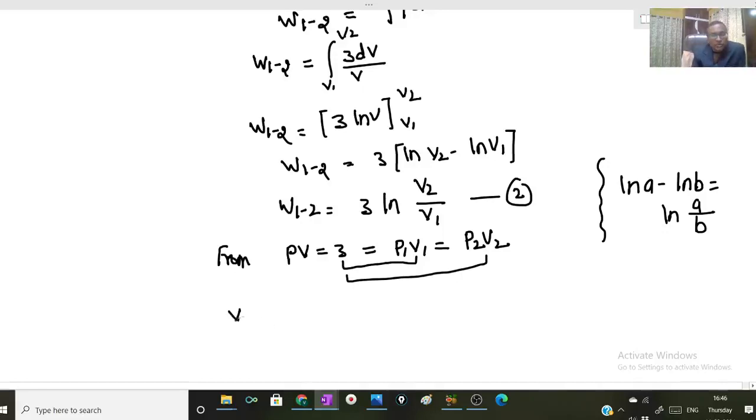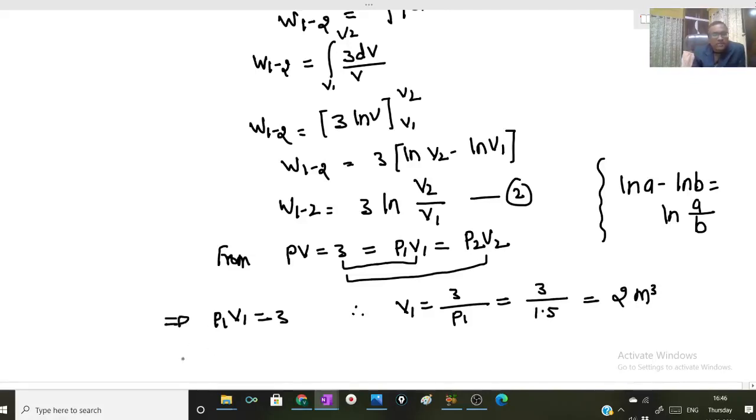So P1 V1 will be equal to 3. Therefore V1 will be 3 divided by P1. Here pressure is to be considered in bar. P1 is 1.5, so volume will be 2 meter cube.